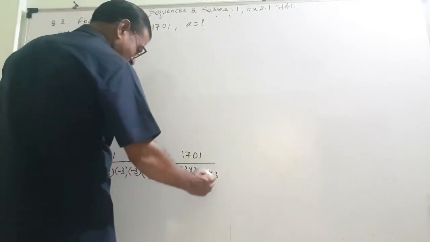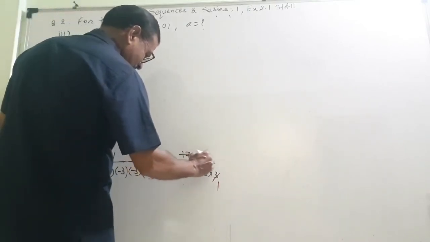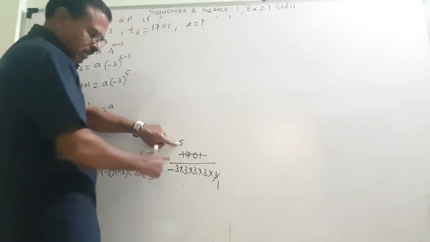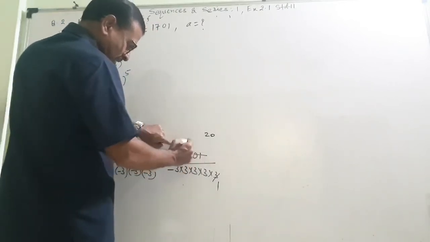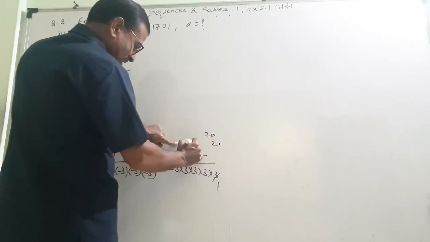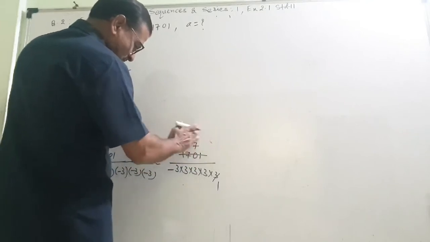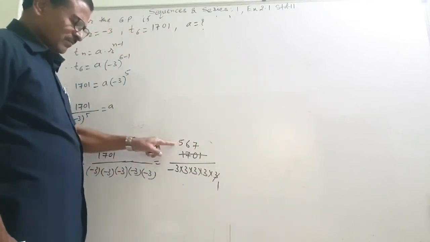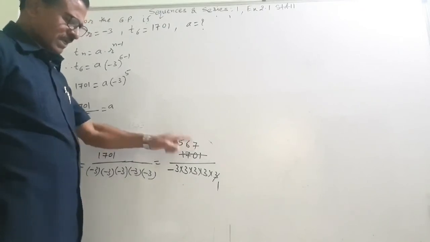I will divide 1 by 1. 3 ones are 3. 3 5s are 15. Remains 2. 3 6s are 18. Remains 2. Take this 1. And 3 7s are 21. Once again I can divide by 3. Why? 6 plus 5, 11, and this 18.